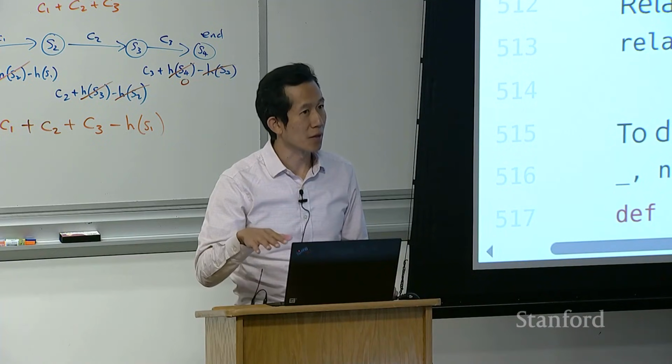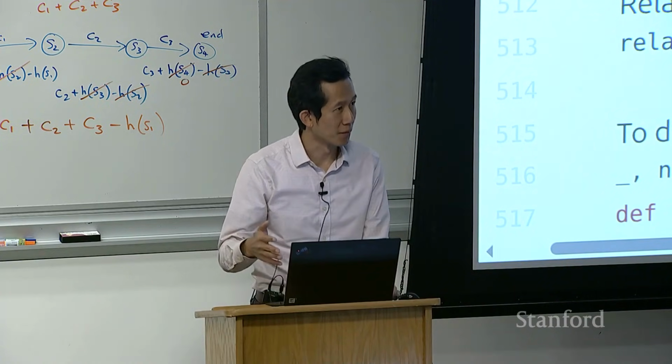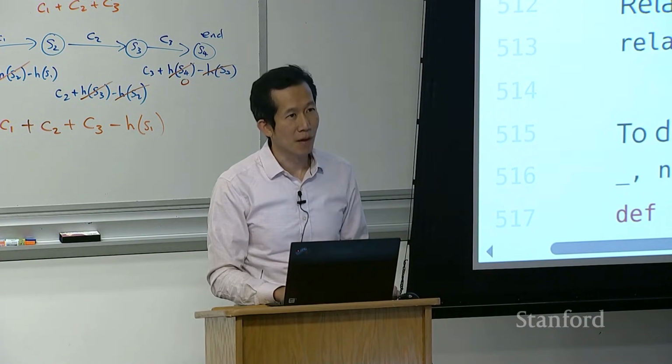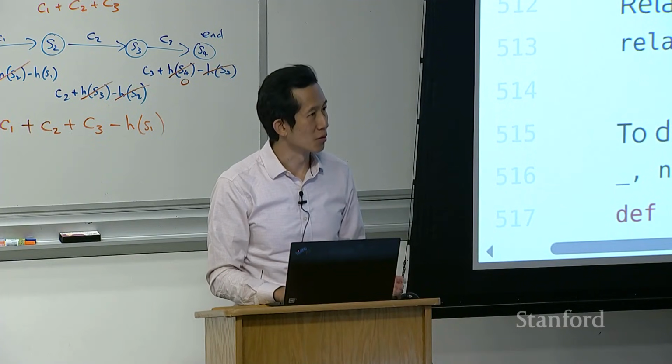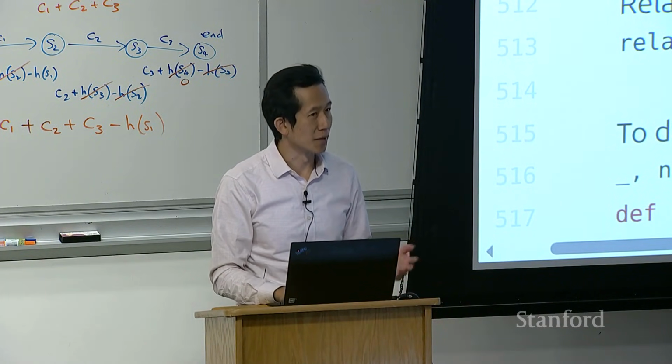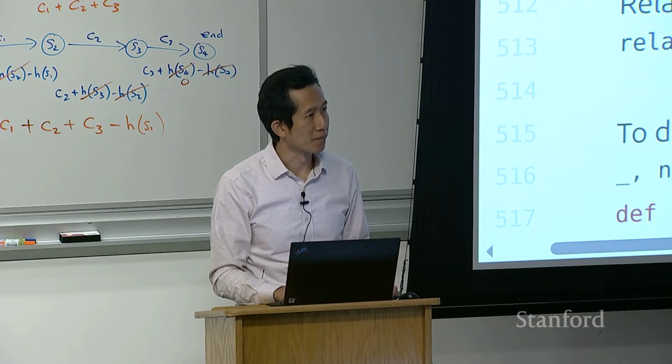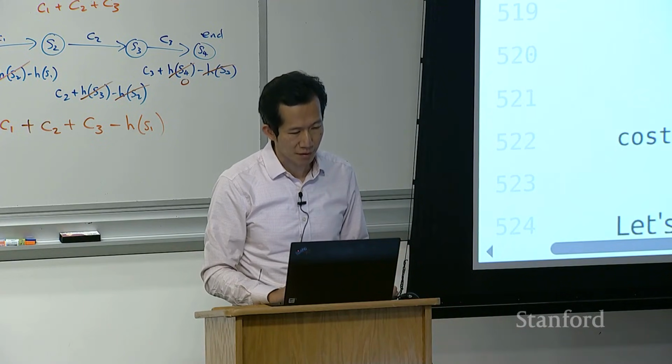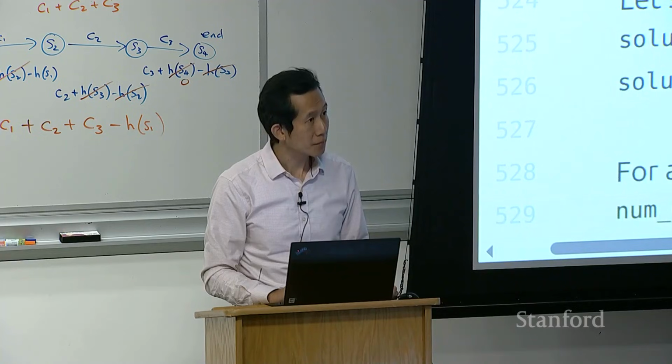So you're still using general machinery to even solve the original problem. You don't have to think too much about that. Now, of course, there's many ways to reduce the number of states, but that's kind of the idea.